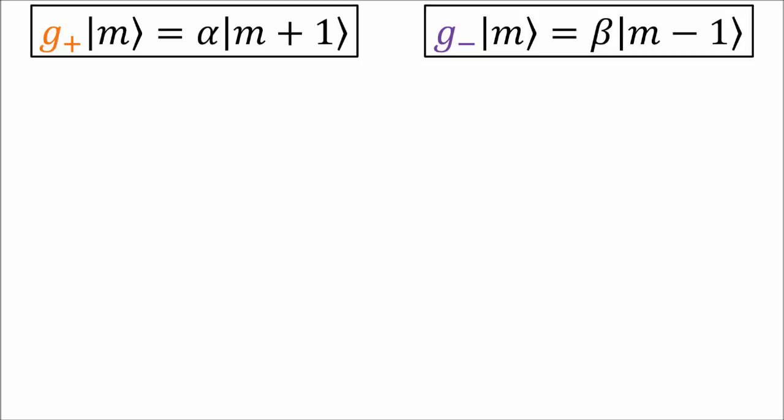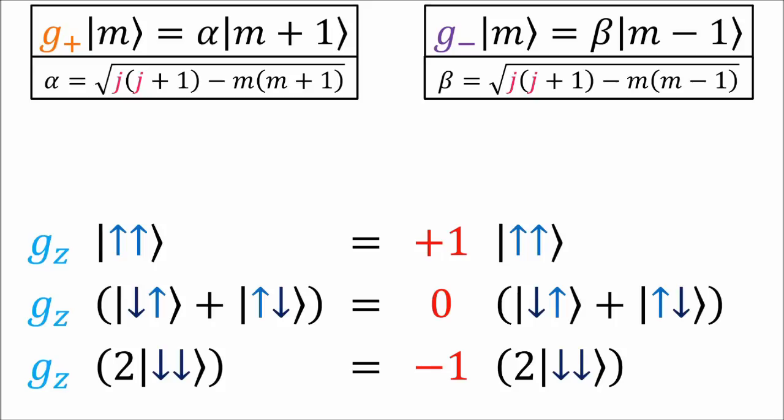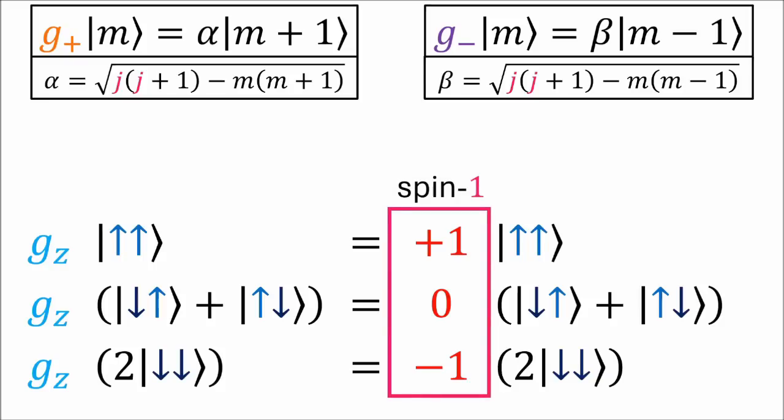Now, one thing to remember is that the raising and lowering operators give result states that are multiplied by coefficients, which I called alpha and beta in the previous video. These coefficients depend on the spin representation number j and the state eigenvalue m. Since the eigenvalues of these states are +1, 0, and -1, this is a spin 1 representation.